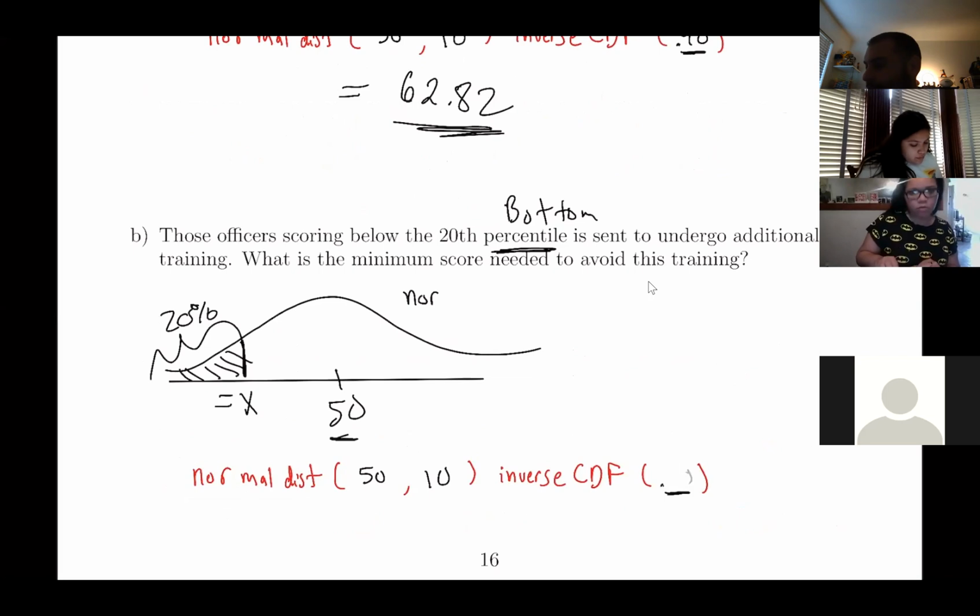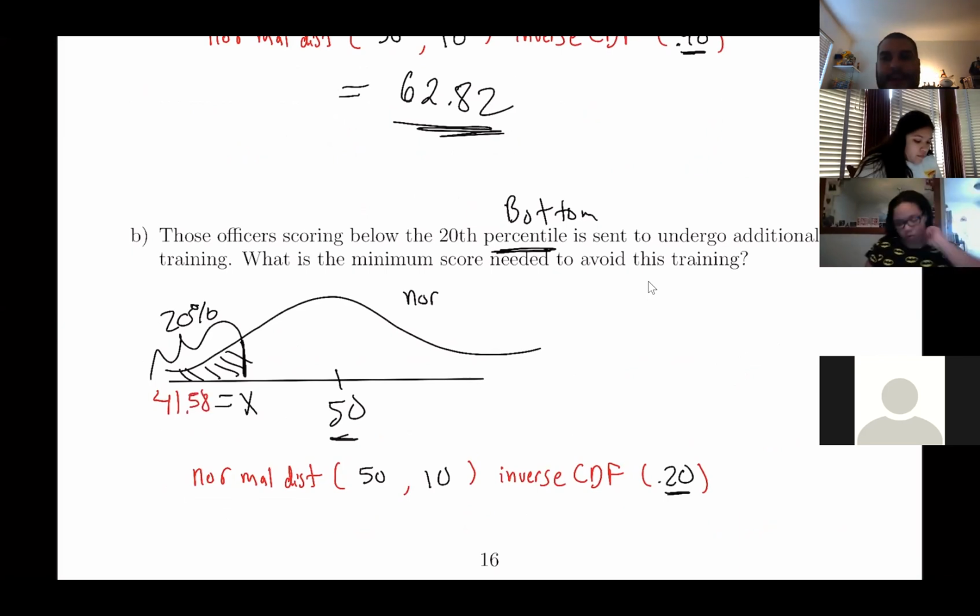The only thing that's going to change, instead of it being 0.90, is 0.20. And if you do that, you should get x is equal to 41.58. And that'll be your answer for part B.